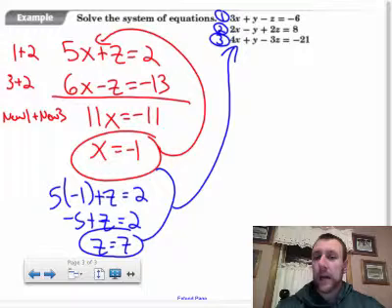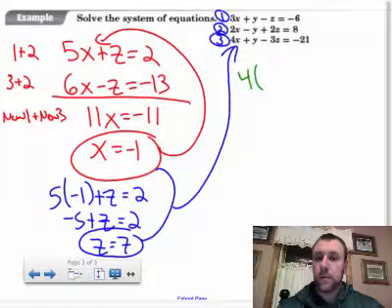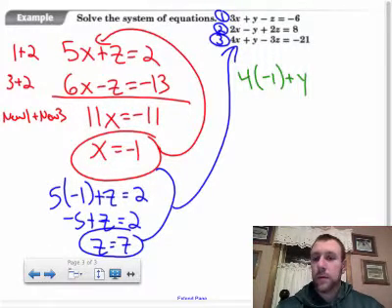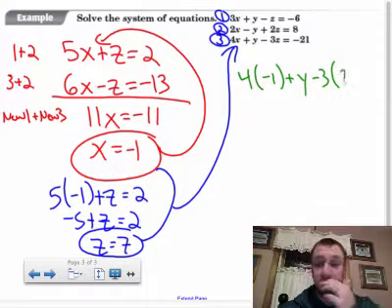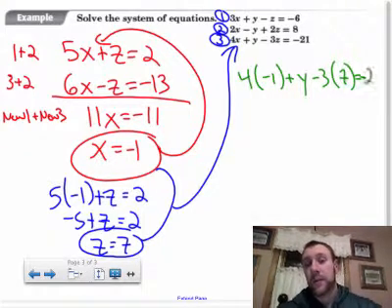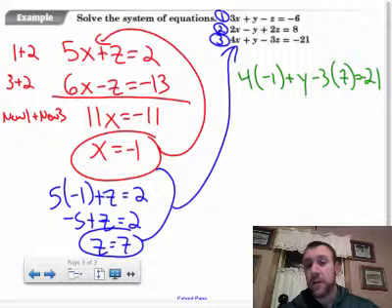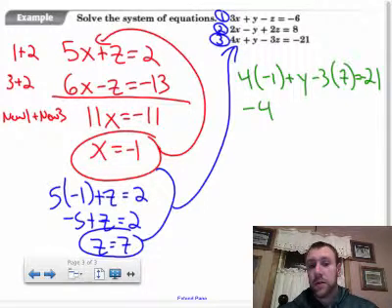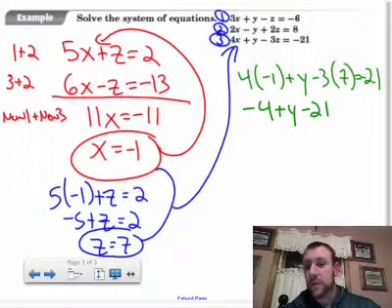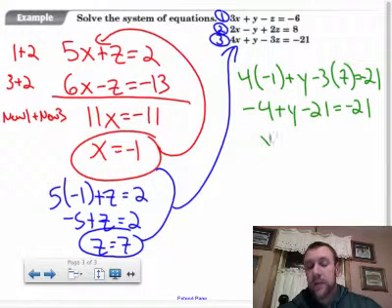And that is going to solve for y. So negative 4 plus y minus 21 equals negative 21. y minus 25 equals negative 21. So y is going to be 4. So now I've solved for those.